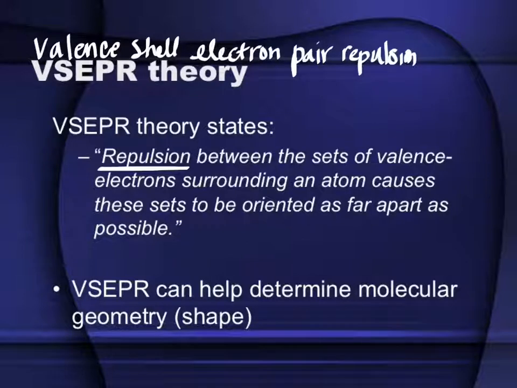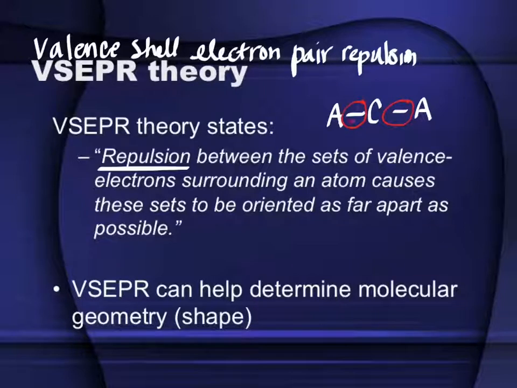So here is my atom, and on either side I have another atom. So what I'm looking at is the valence electrons, these electrons right in here that are being shared. Those electrons are going to repulse each other, and when they repulse each other, they're going to be set as far apart as possible.